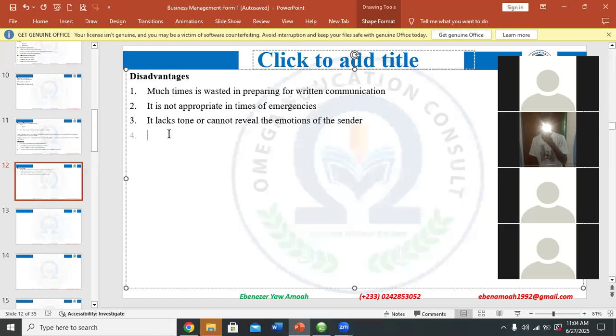The last point is it cannot also give instant feedback. Okay. So there is no instant feedback. If you write a letter to someone, sometimes it takes days, even years, for the person to respond to your letter. So it's not effective when instant feedback is needed, right?